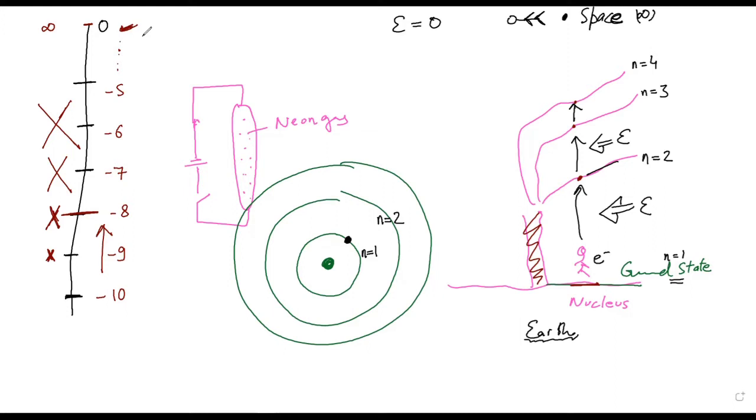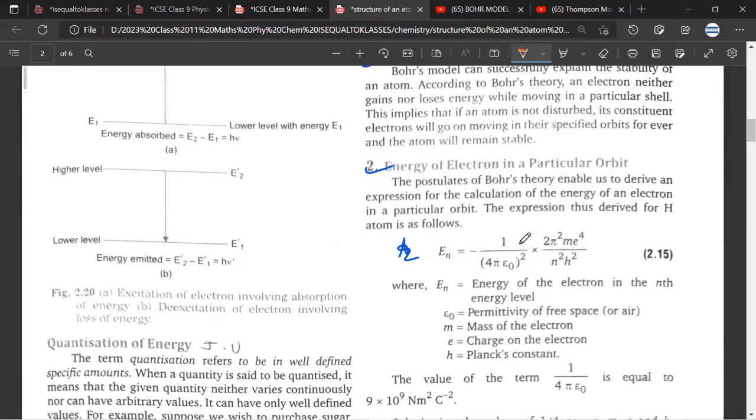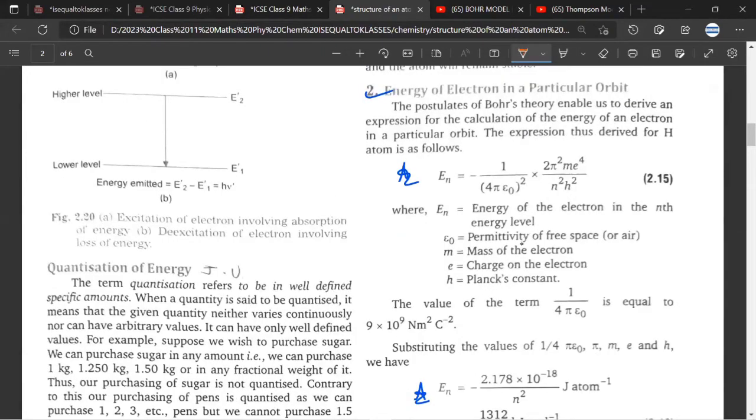I understand that this concept is a bit difficult to understand, but there is no other way. You'll have to understand this. So I am going ahead with the assumption that you are clear.